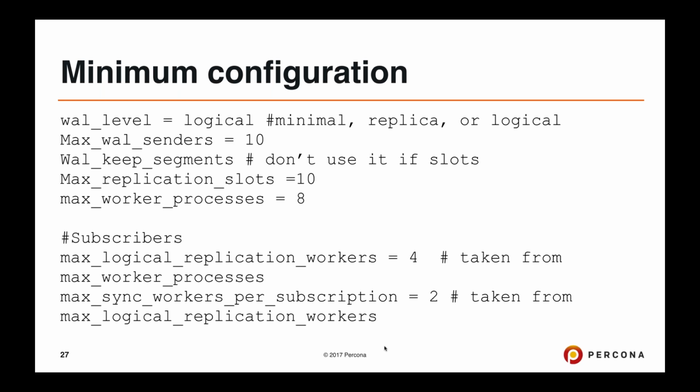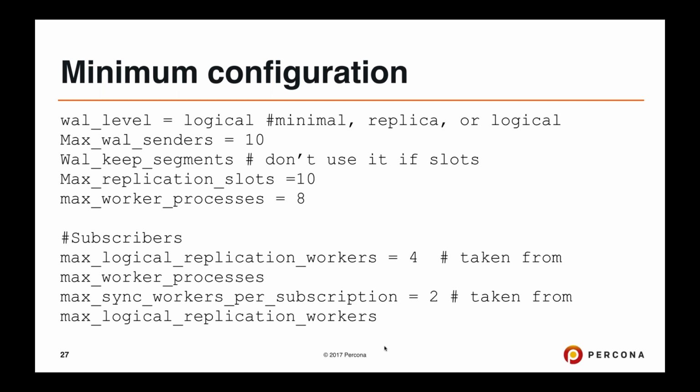If you use slots for streaming replication, you don't need wal_keep_segments, because the master will know if the checkpoint segment can be archived or not by checking the replication slots. So this variable won't be used. In the case of logical replication, we always use a replication slot, so we shouldn't need this variable, and it won't be needed.